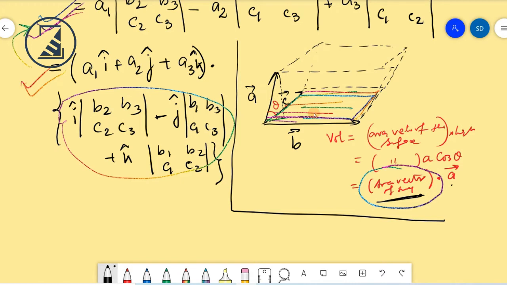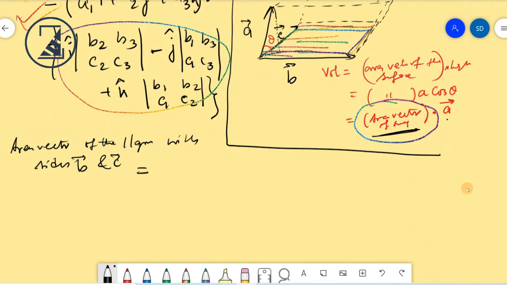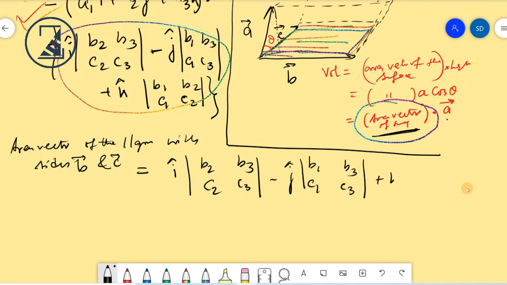So let's write this. Area vector of the parallelogram with sides B and C is equal to this thing, i cap B2 B3 C2 C3 minus j cap B1 B3 C1 C3 plus k cap B1 B2 C1 C2.